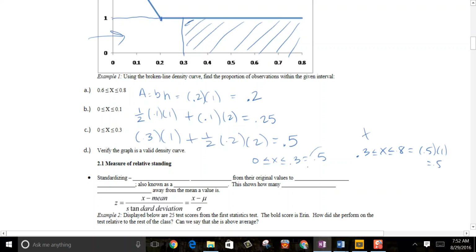So when you add these two together, that's the whole area of the curve. It equals 1. So therefore, it's a density curve. Okay, but the fact that the area adds to 1 is what you would use to do that.